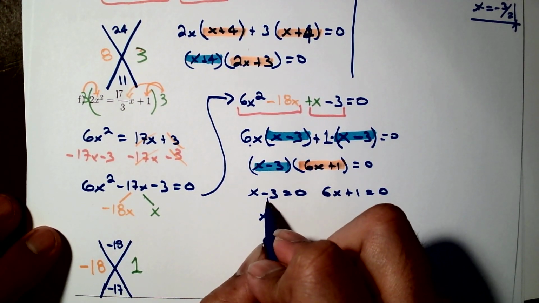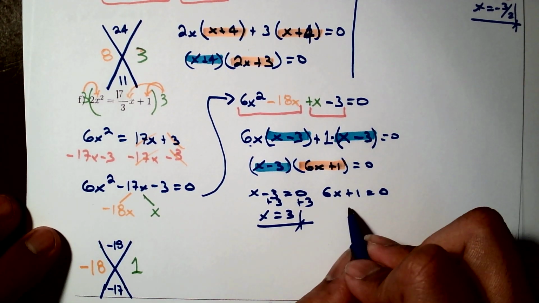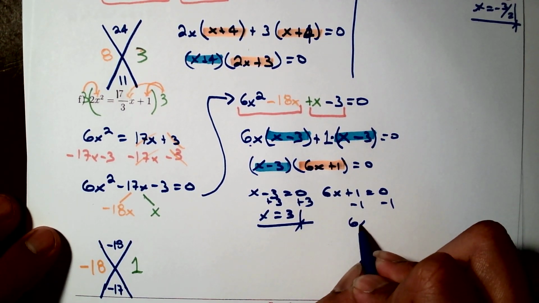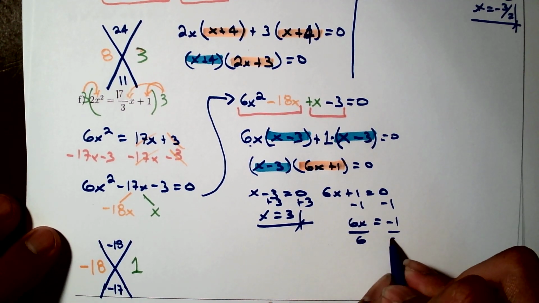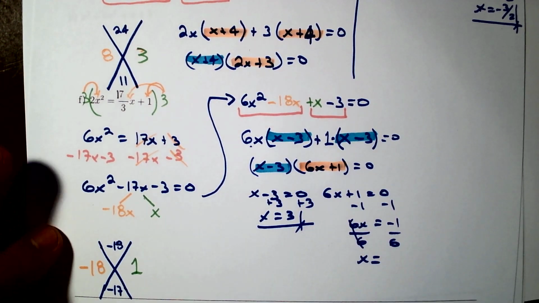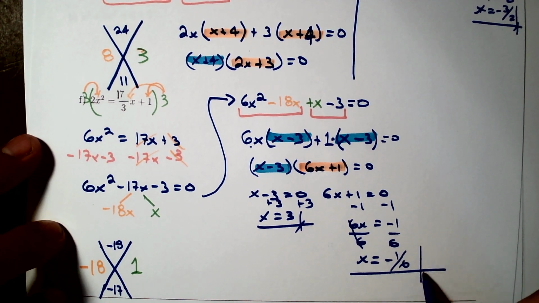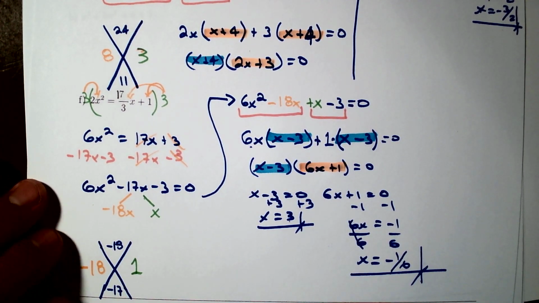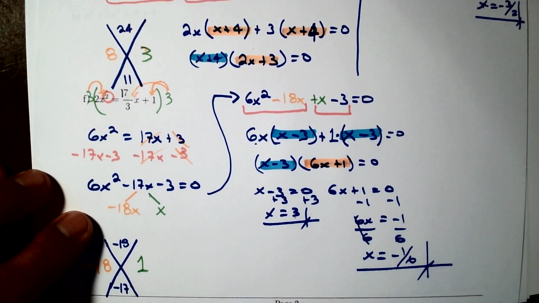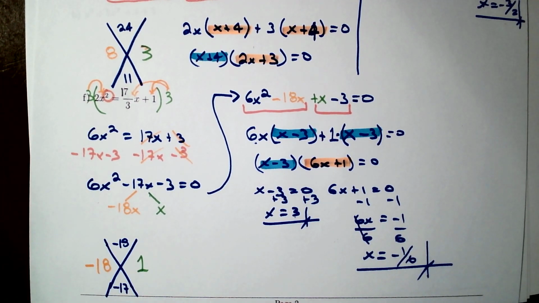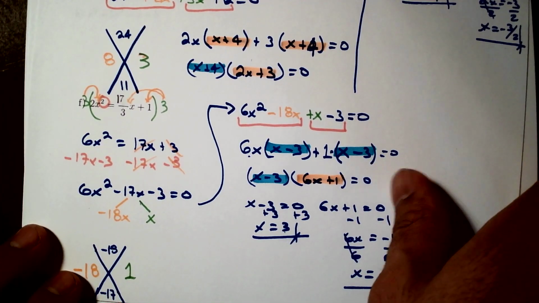On the one hand, we'll add 3 to both sides and subtract 1 from both sides for the second equation, then divide both sides by 6. So x equals negative 1/6. So 2 solutions, again, degree 2, 2 solutions. All right. So let's move on to the next page and see what do we have in there.